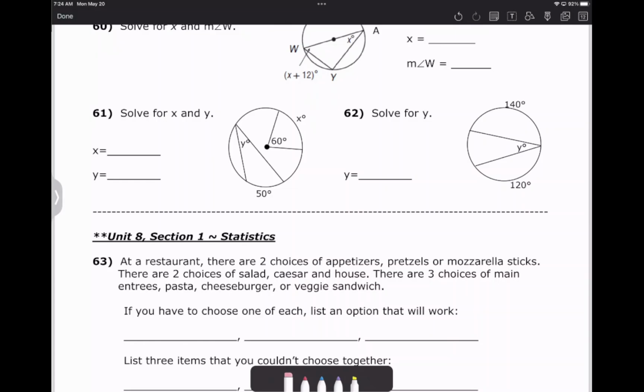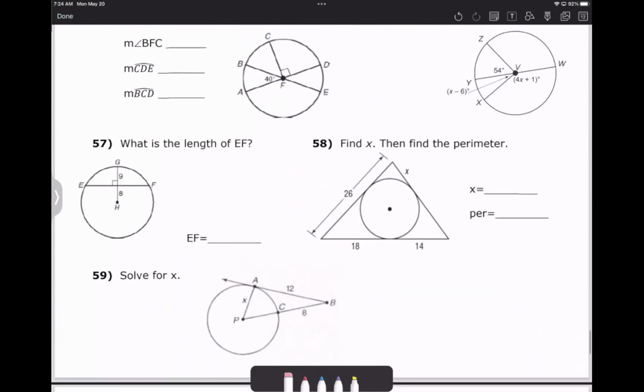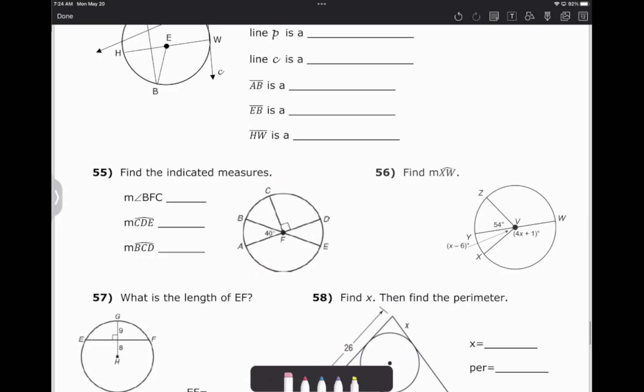All right, so here we are finishing our last set of questions. So we are on question 55? You may have to scroll back up. All right, so find the indicated measures. The angle BCF, or BFC.